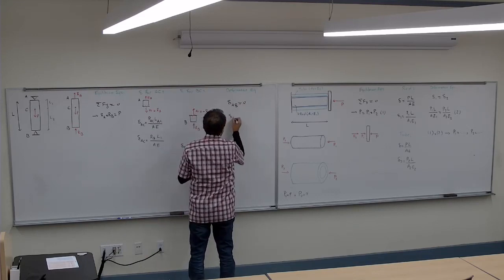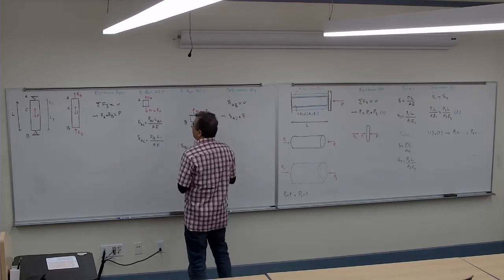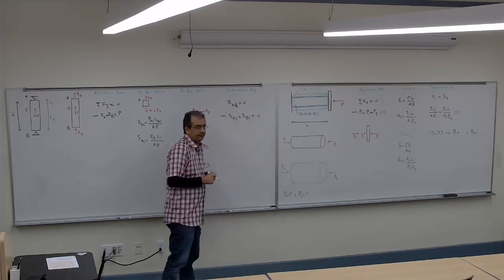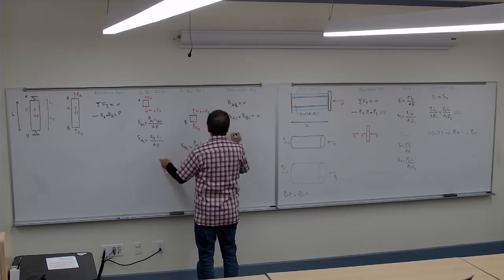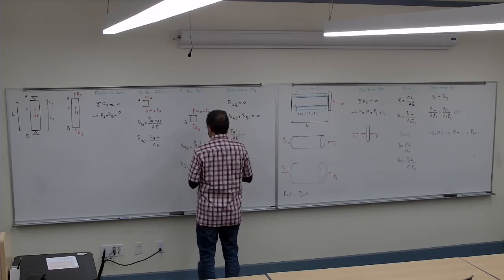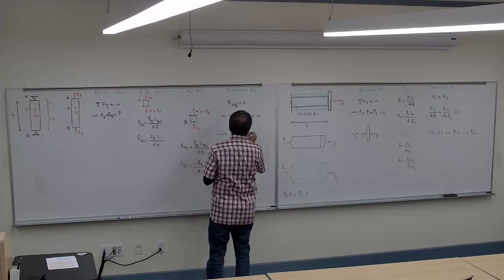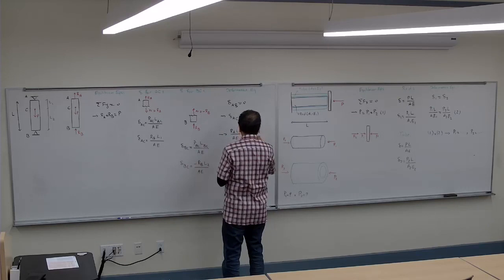Therefore, the delta AC plus the delta BC is 0. So if I go there and say, okay, the delta AC is RA L1 AE, plus minus RB L2 AE, would be 0.